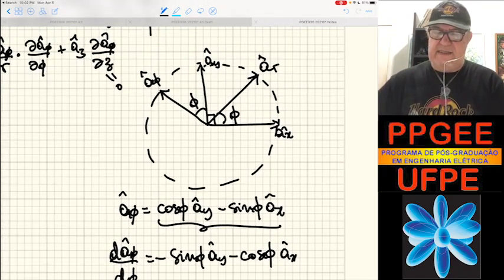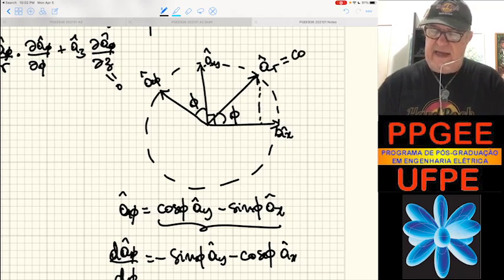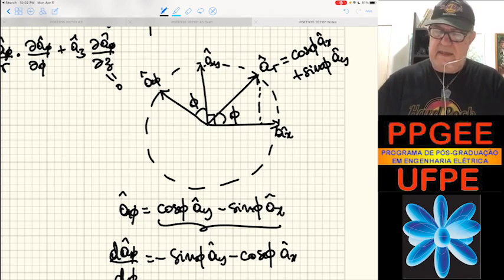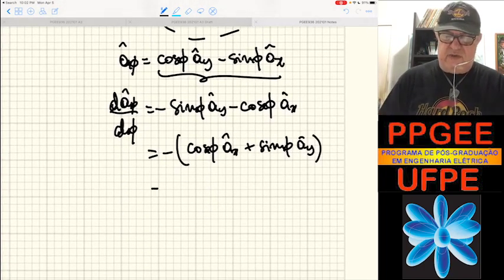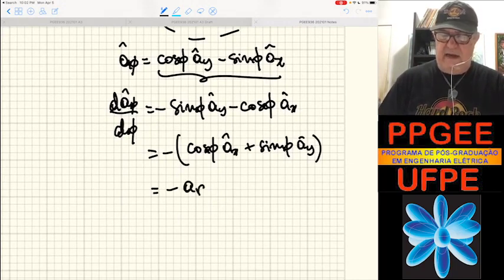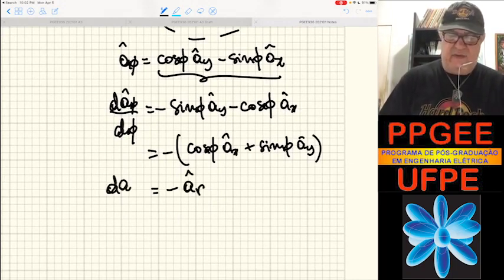Recall that a r by itself is cosine phi a x plus sine phi a y. So the derivative is equal to minus a r. That's what we have.